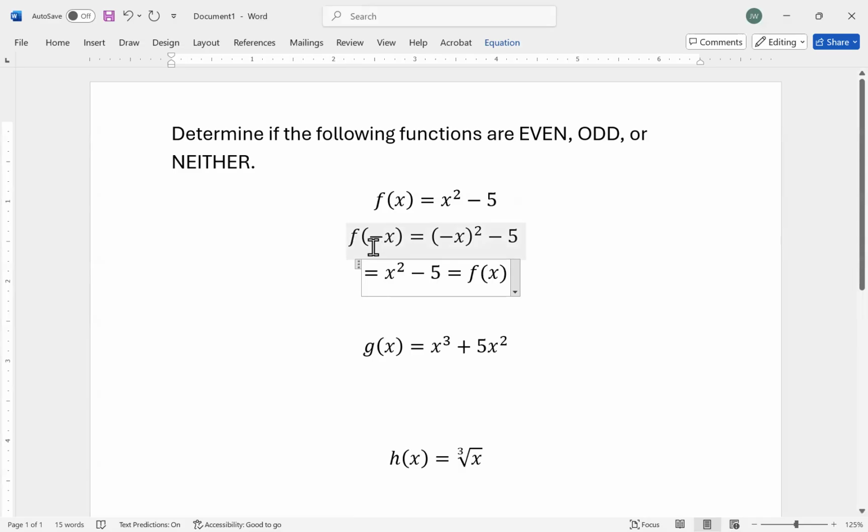So using algebra, we showed that if I plug in negative x, I get the same thing as if I plug in a positive x. That's the definition of an even function. Therefore, my original function is even.